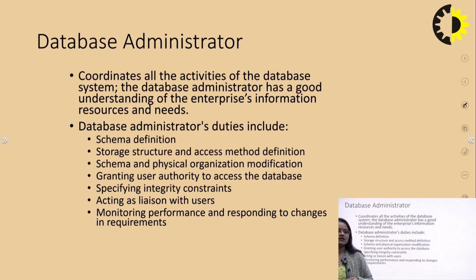Duties include schema definition, defining the overall structure and the storage structure, the access methods, schema and physical organization modification, granting and revoking authority to access the database, integrity maintenance, acting as a liaison with users, monitoring performance and responding to changes in requirements. Whenever a requirement arises, there must be some changes, so the admin will decide. All of these can be monitored by the database administrator.